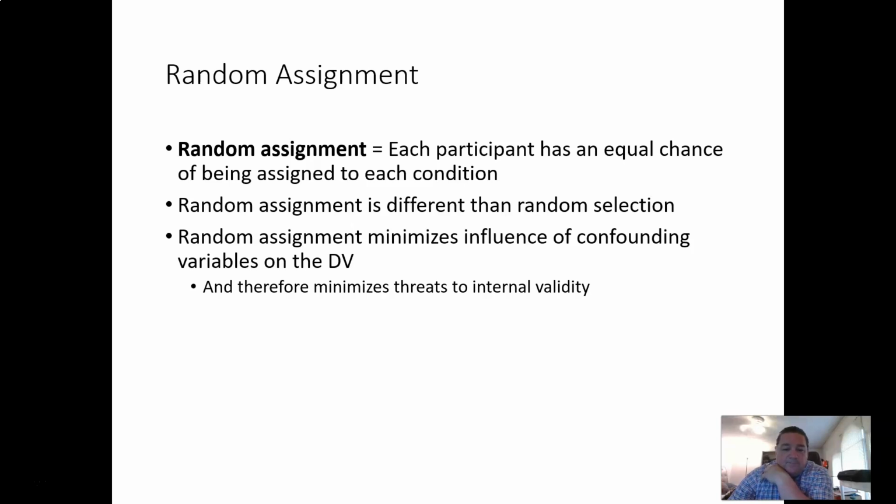And so how that happens is everybody has varying traits. And if their random assignment into each category is equal chances, that kind of levels out the possibility of confounding variables or one group getting one type of trait more than another group. And so overall, it minimizes the influence of confounding variables.